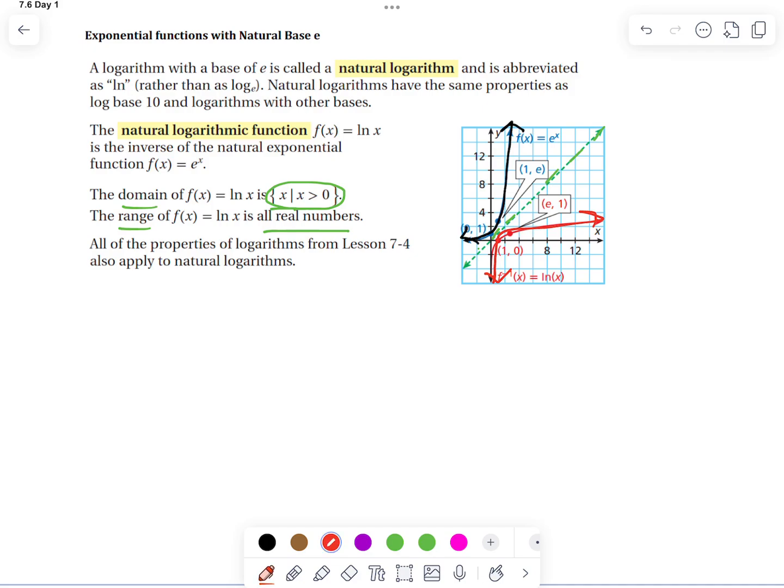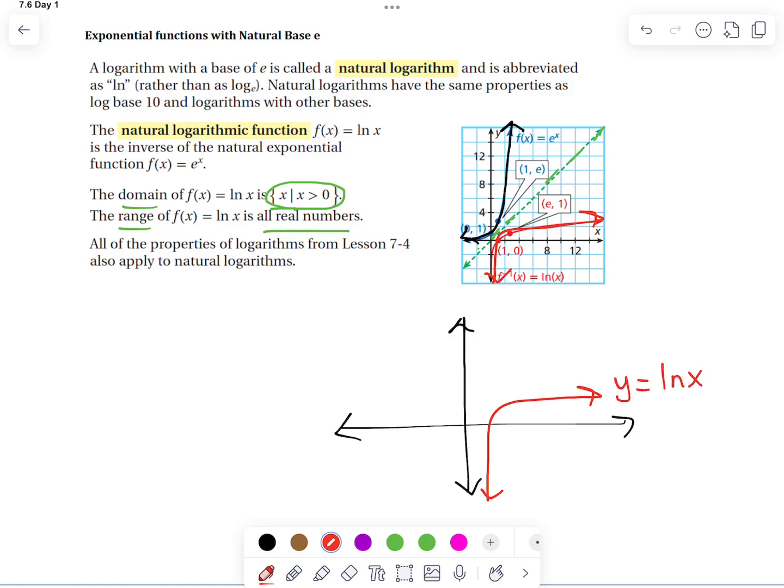So I'm just going to take a quick sketch of just the natural log. So here is our natural log function graphed out, ln of x, or y equals log base e of x. They're the same thing.